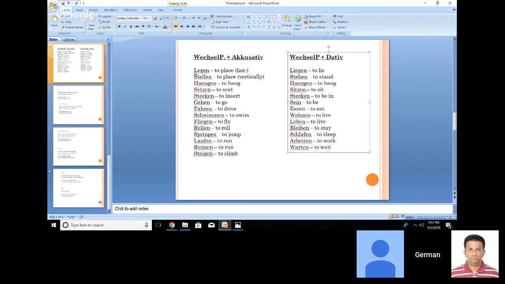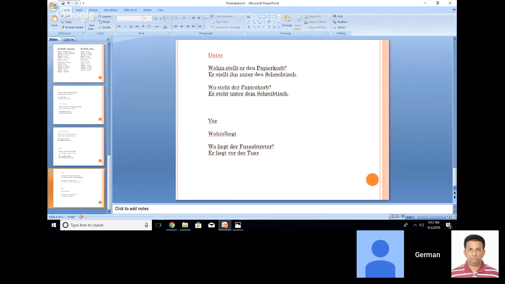Okay, and what is for accusative? L E G T. Yes. Legen is to keep or to place. There is an action involved in legen. Wohin legt er den Fußabtreter?